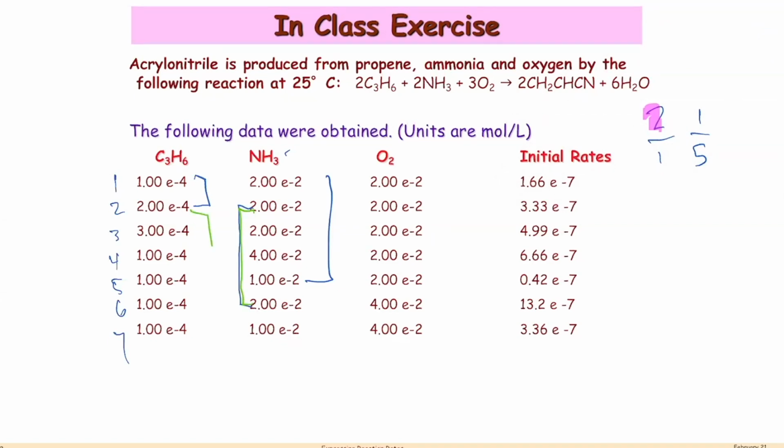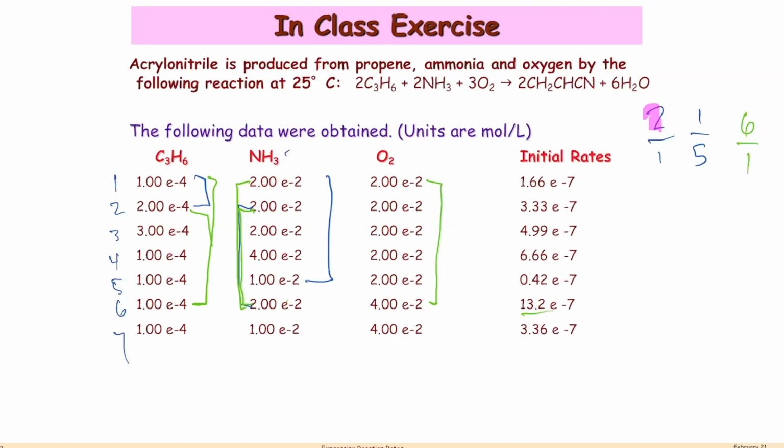No, that's not good because that changes. How about this? I will select these two right here. The oxygen doubles, but the ammonia stays the same and the propene stays the same. So that'll be 6 and 1. So those are the experiments that I'm going to look at.